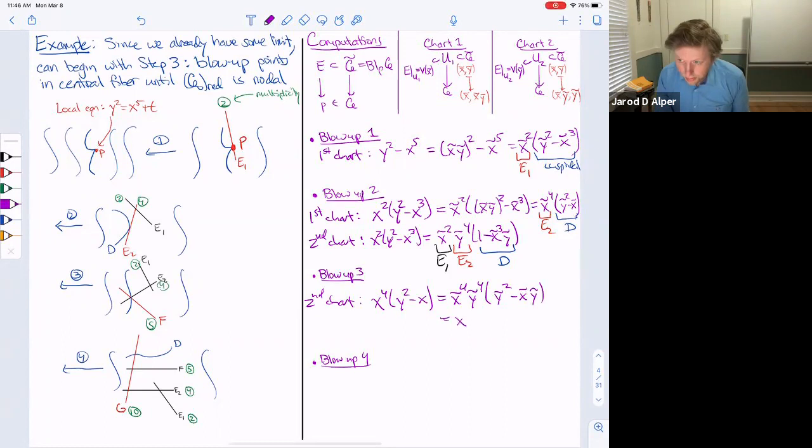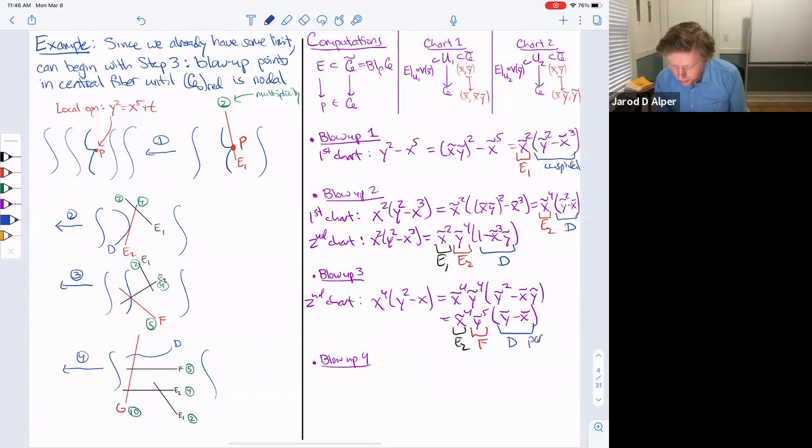And this is x tilde to the fourth y tilde to the fifth times y tilde minus x. Now in the second chart, this is the exceptional divisor, which I've called F. This is the second exceptional divisor, E2. And now this again is my curve, I'm calling it D, sorry.